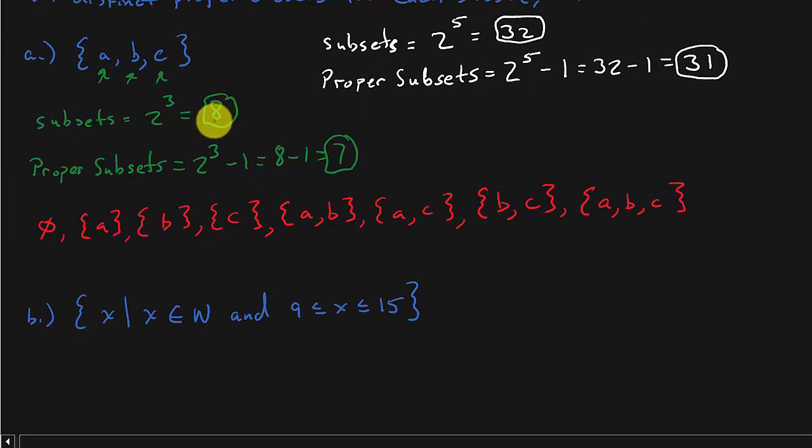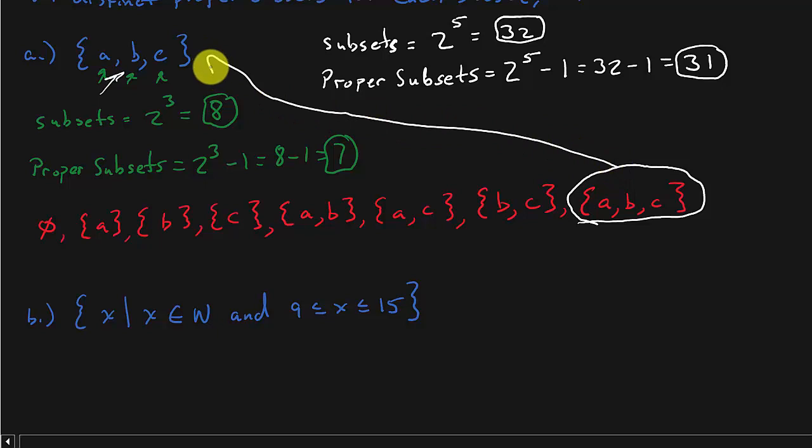Well, if we remember what proper subsets are, remember for a subset, every element of that set is in the other set. But a proper subset says that the 2 sets cannot be equal. Well, if you look at this last set here, it's a subset, but you notice this set and this set are equal, okay, so it's not a proper subset. So that -1 right here is just marking that last one off. Okay.